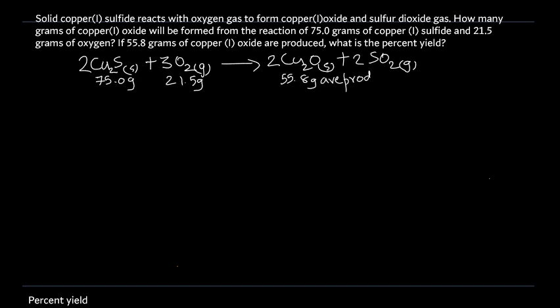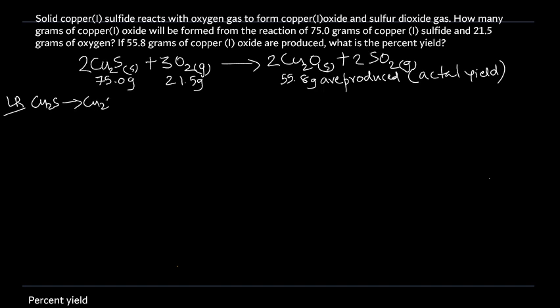That is going to be our actual yield. Okay, and now since we have the information for both reactants, we have to find which one is the limiting reagent. So the limiting reagent I'm going to find for Cu2S, that's a reactant, and I will see how much Cu2O will form. Okay.